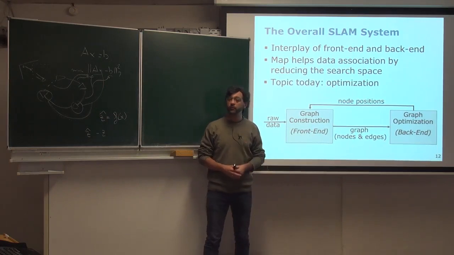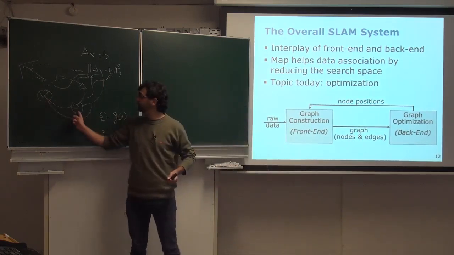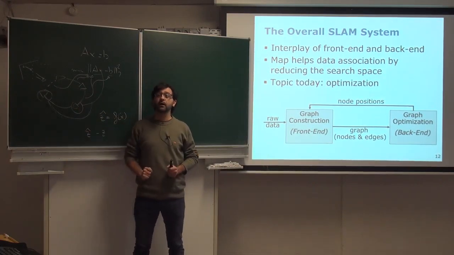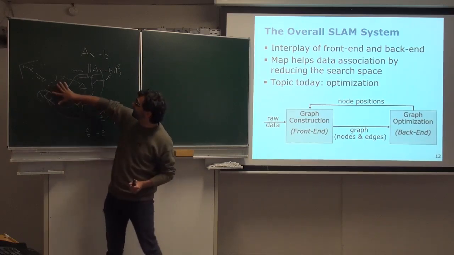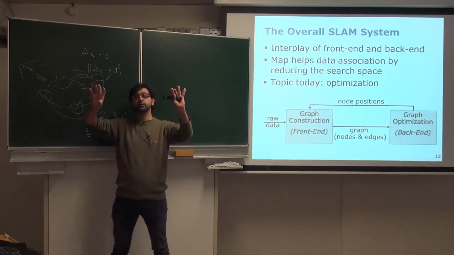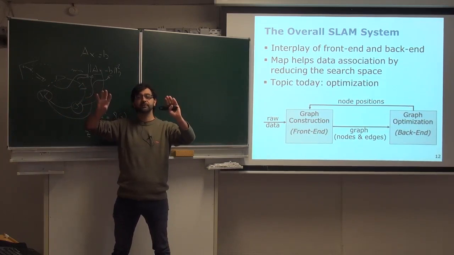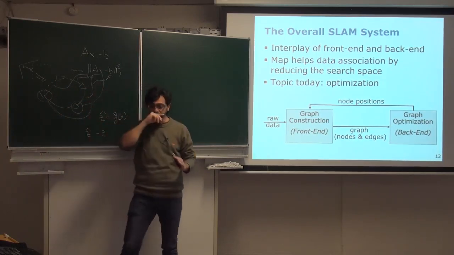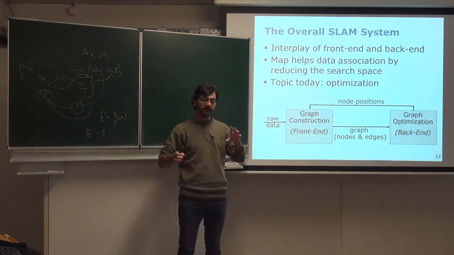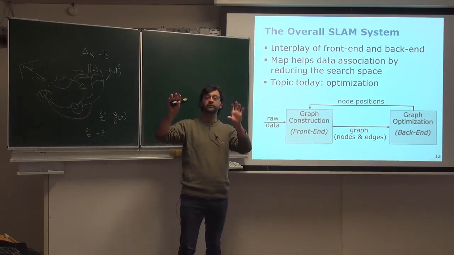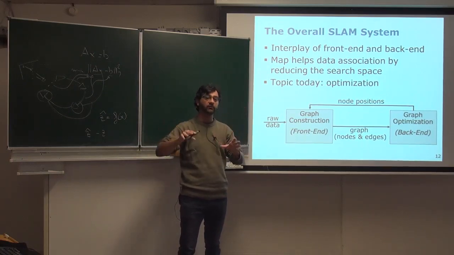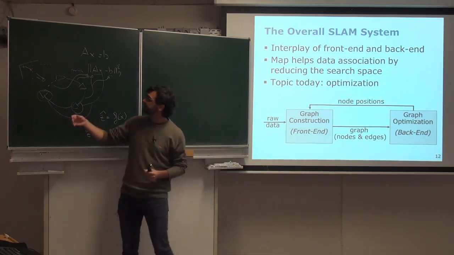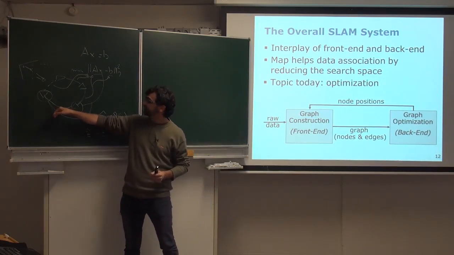We call it front end, and this deals with two main issues. One is to find out how to connect the different poses. So there is a data association part in here where you say these two nodes are observing the same part of the environment. So there is a decision problem that tells us whether those two poses were taken in the same part of the environment or not. And the second thing that it does is populating the measurements.